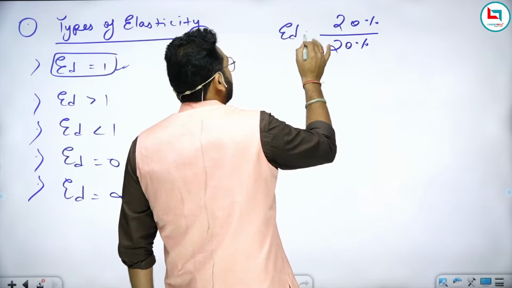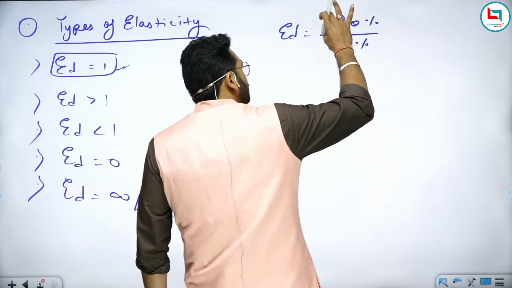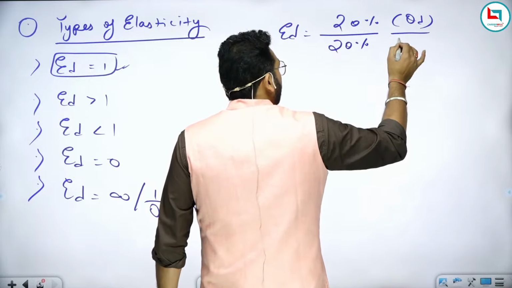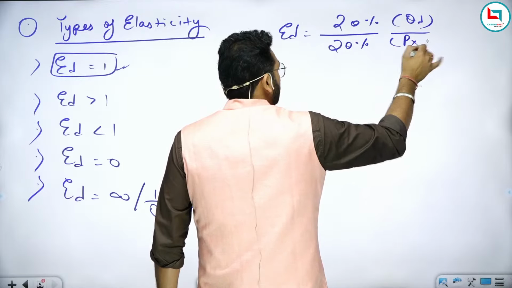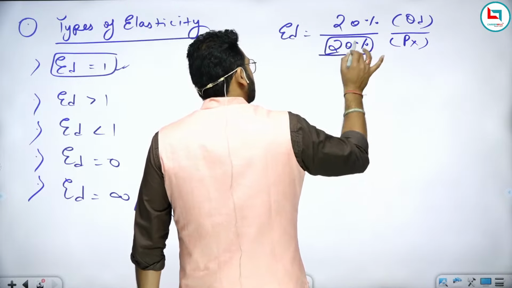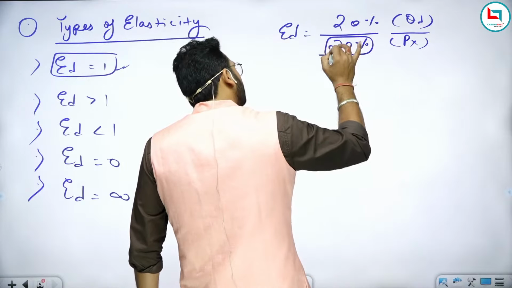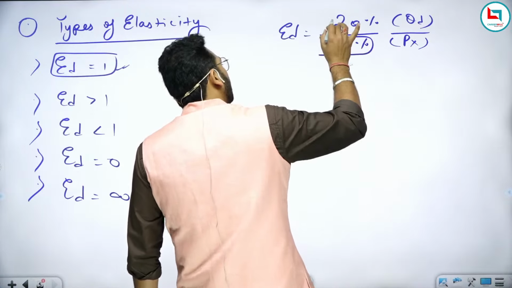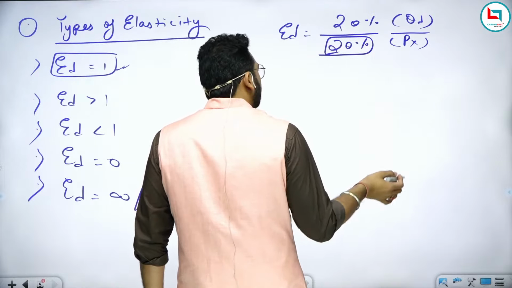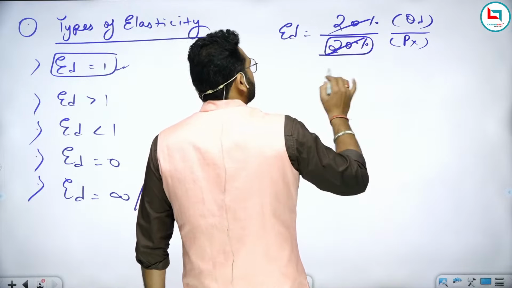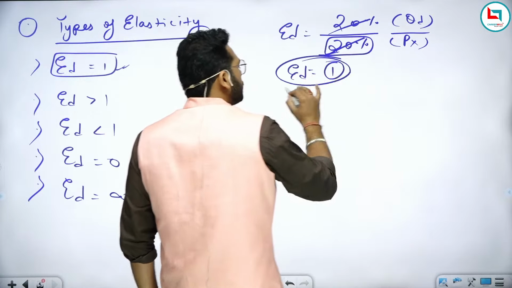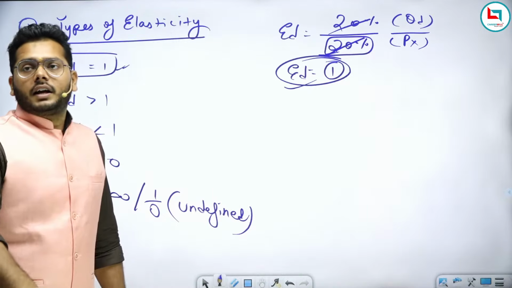Just remember the formula of ED: percentage change in quantity demanded upon percentage change in price of X. If the percentage change in price of X is 20%, and with the impact of this change in price you have a change in quantity demanded of 20%, then you will have ED. So you can cancel, 20% upon 20%, you will get 1. So we can write here ED is equal to 1.